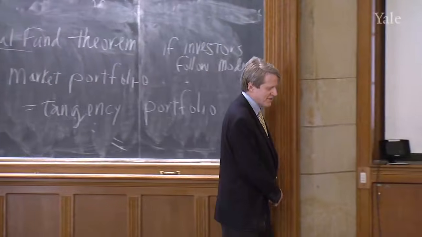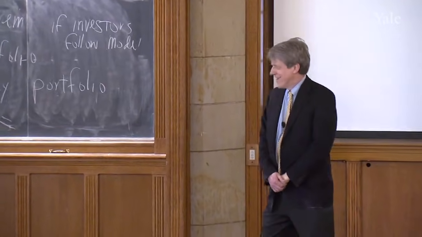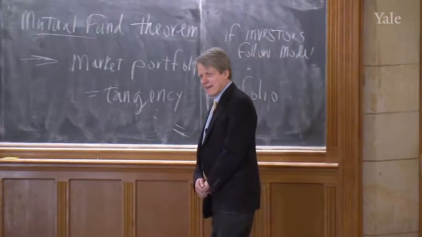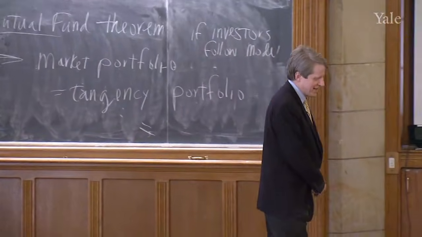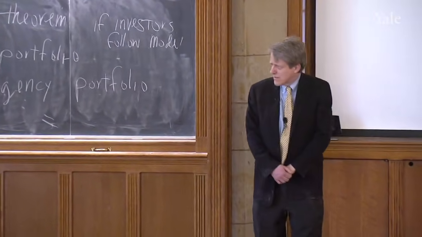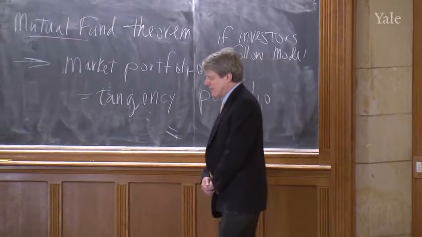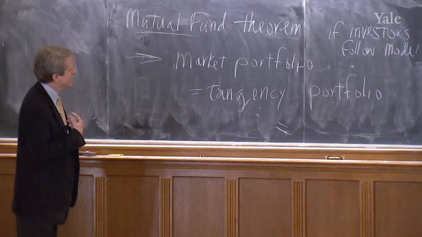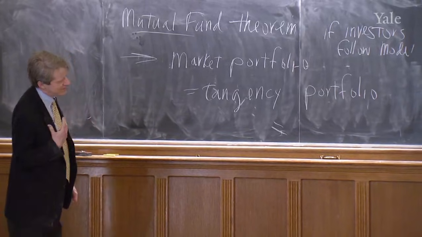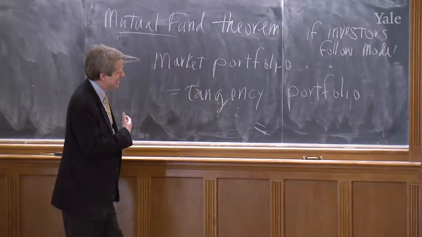So I was saying earlier, why is it that everyone doesn't invest in VOC stock? How does it add up, right? If VOC stock is just better than something else, then that suggests everyone wants to put all their money in VOC stock. But we're realizing they don't, because they're concerned about it. They see this trade-off between risk and return, and they want to hold some proportion of VOC stock and the riskless asset.